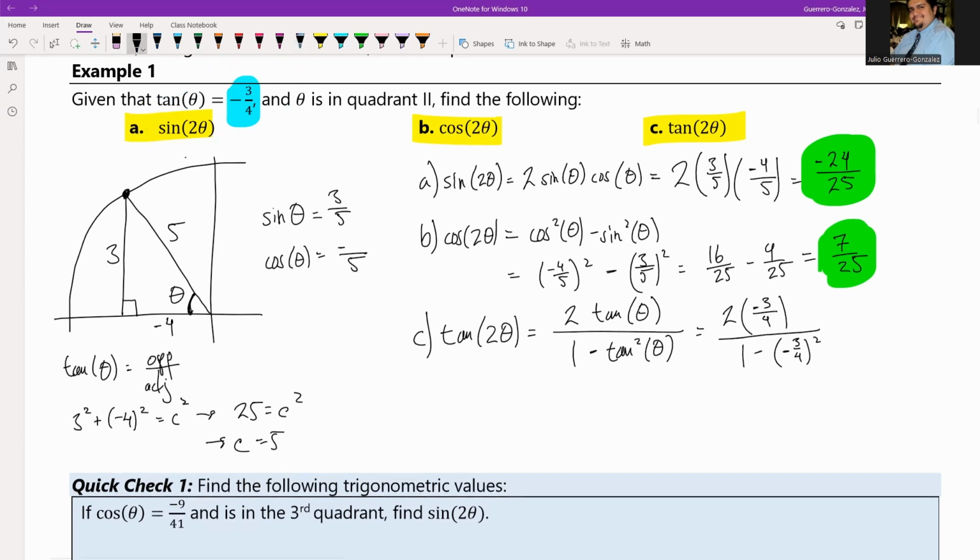Okay, let's simplify some of this stuff out. We have now negative 3 over 2 divided by 1 minus 9 over 16. This is equal to negative 3 over 2 divided by, what is that going to be? 7 over 16?